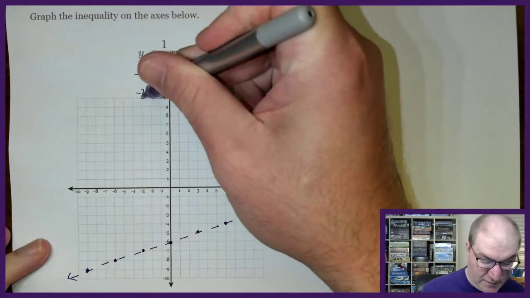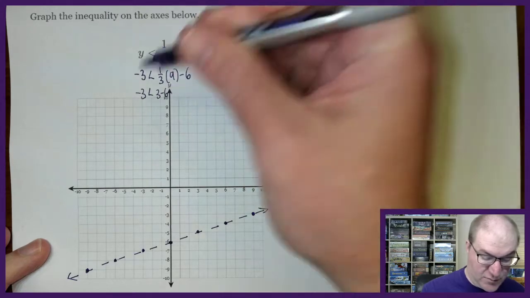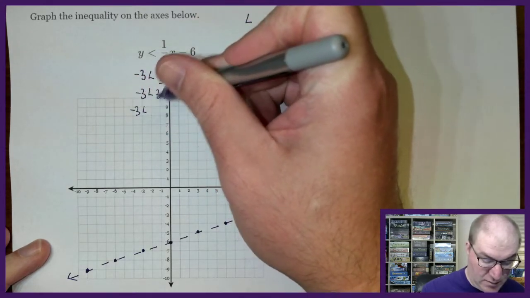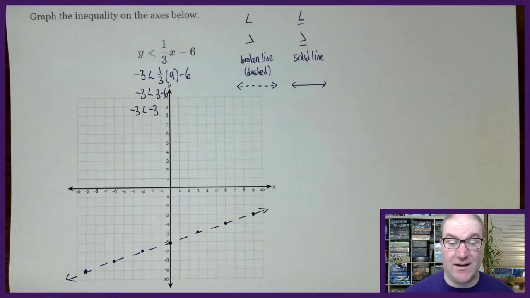I would get -3 is less than 3 minus 6, which is -3 is less than -3. -3 is not less than -3. That's a false statement. So all these points lie on the boundary of all the possible solutions, but it doesn't actually include any of those points. So where are the solutions?